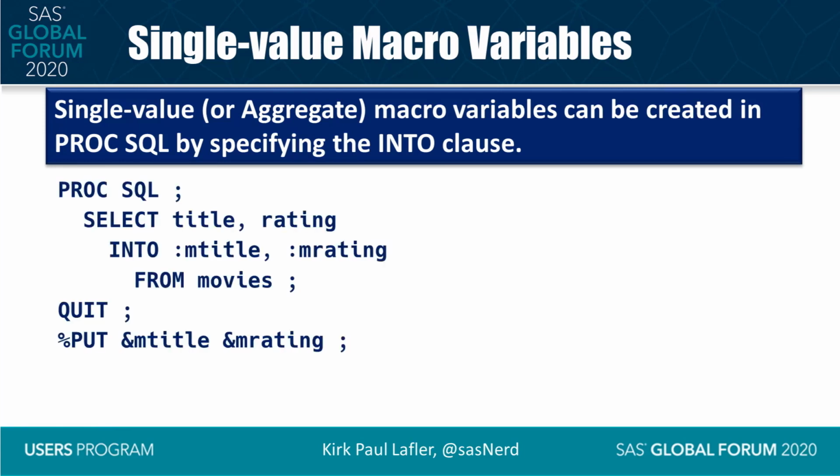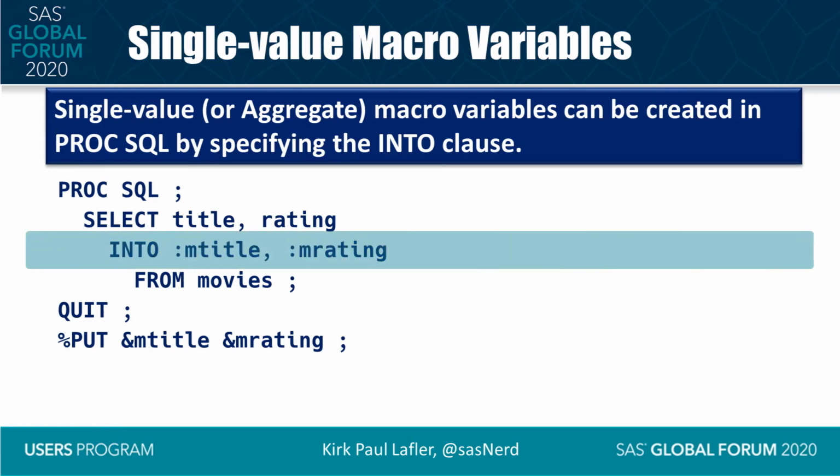In this example, we're selecting the movie title and rating from the movies table or data set, and we're creating two macro variables with the into clause, which is an optional clause, using the colon, and then we're going to name the macro variable.